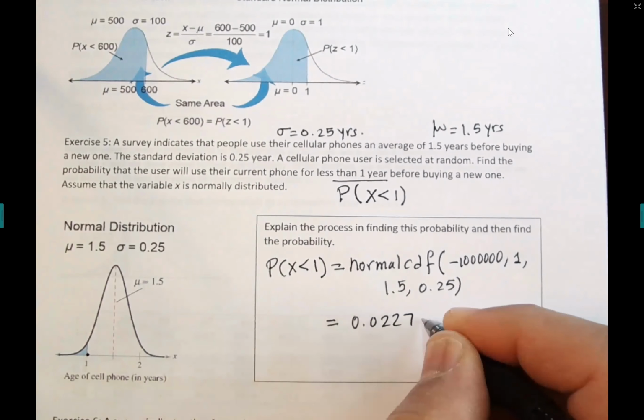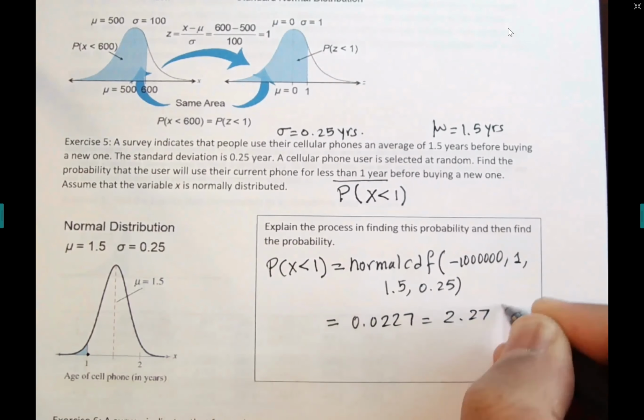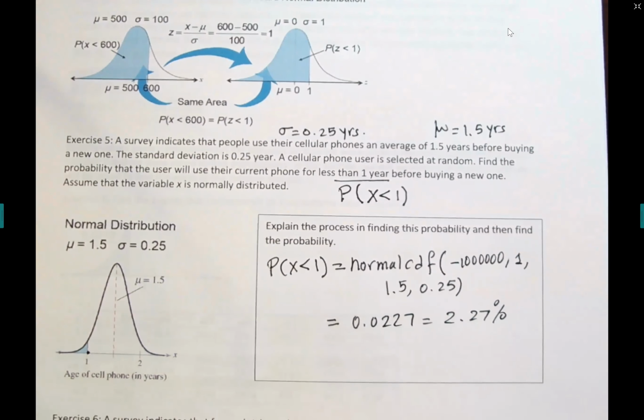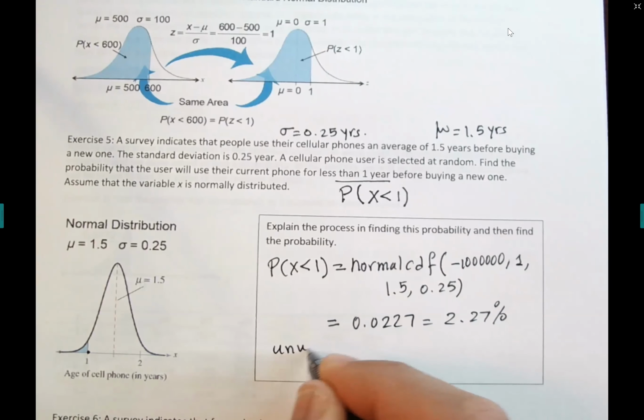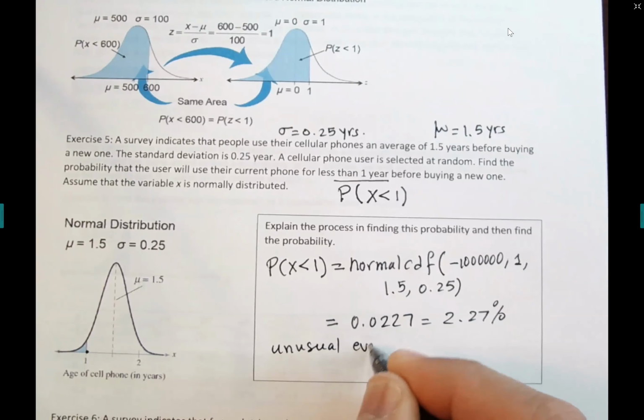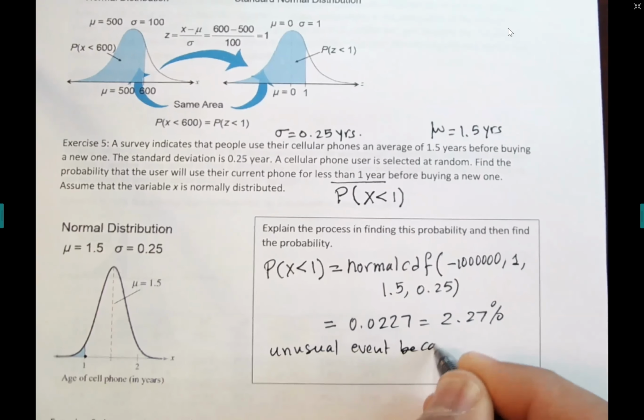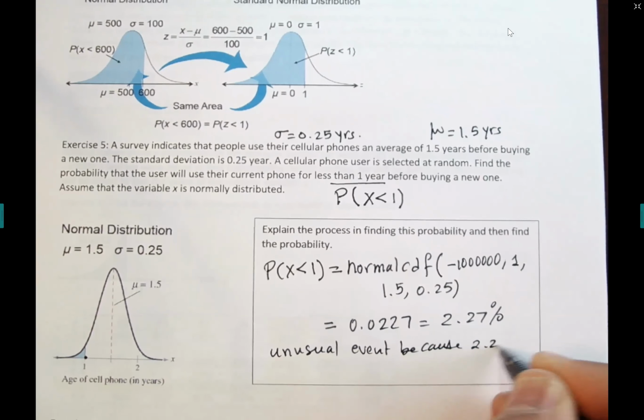Let's change it to a percent. It will be 2.27%. Is this usual or unusual for someone to replace their phone right before 1 year has passed? You might be asked this question, you're going to be asked a lot. Unusual, because the probability is less than 5%. 2.27% is less than 5%.